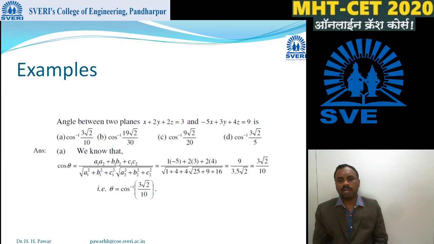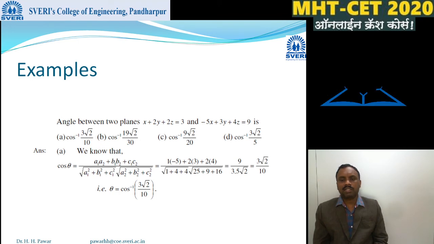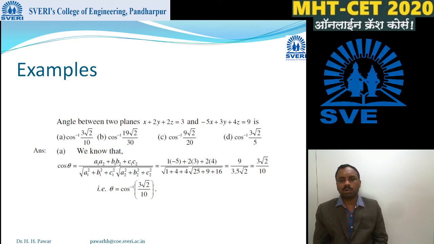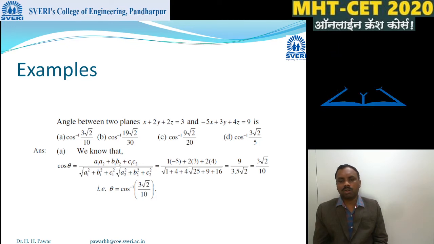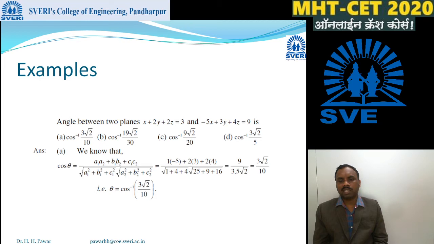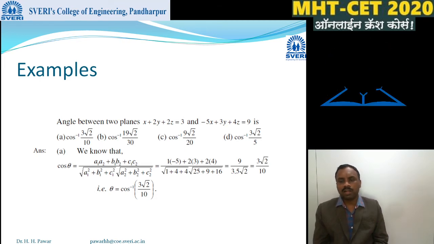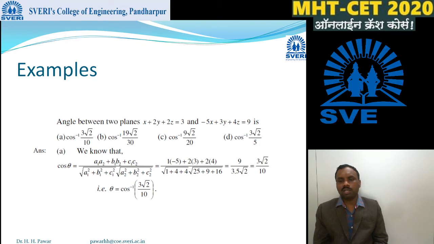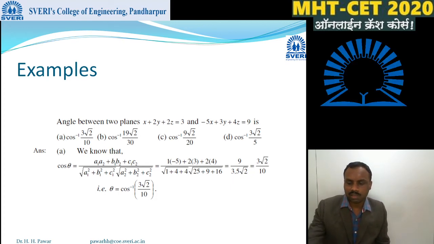We'll get 1 into minus 5 plus 2 into 3 plus 2 into 4 divided by square root of 1 plus 4 plus 4, that is 1 square plus 2 square plus 2 square, and square root of minus 5 square plus 3 square plus 4 square, that is 3 into 5 root 2, which gives us 3 root 2 divided by 10. Hence the correct option is theta equal to cos inverse 3 root 2 divided by 10. That is option A for this question.